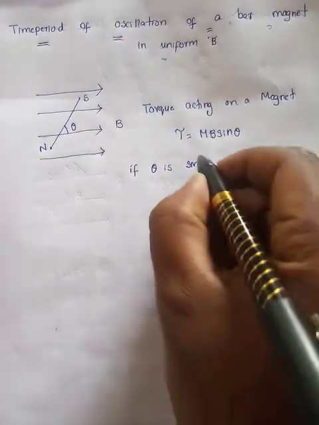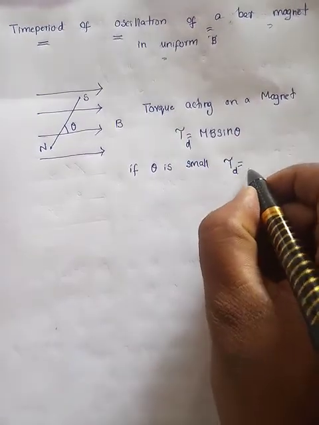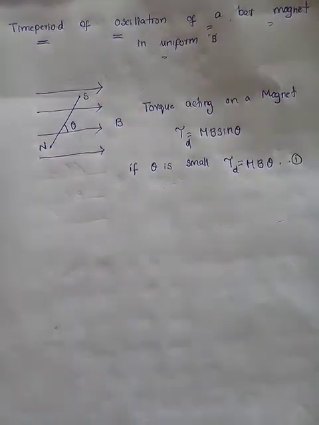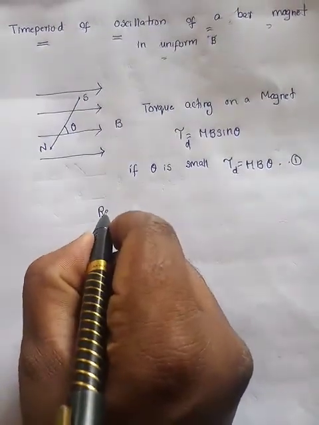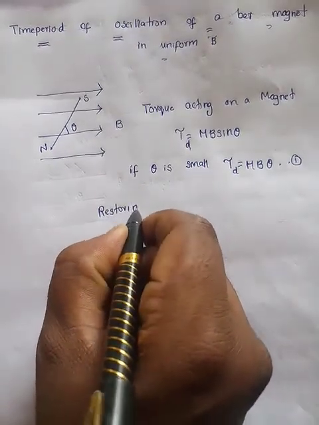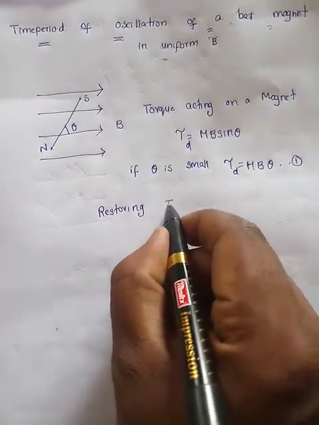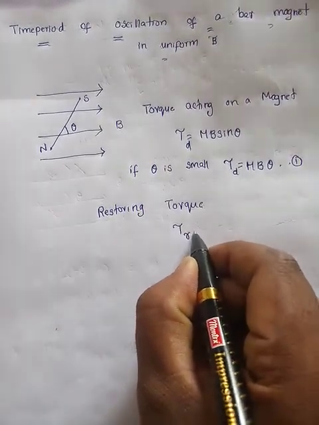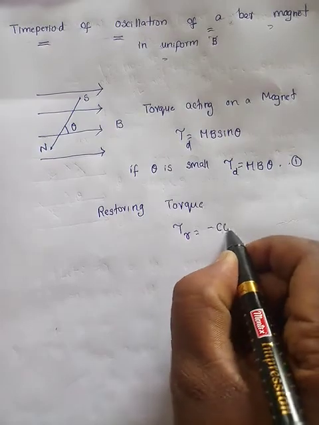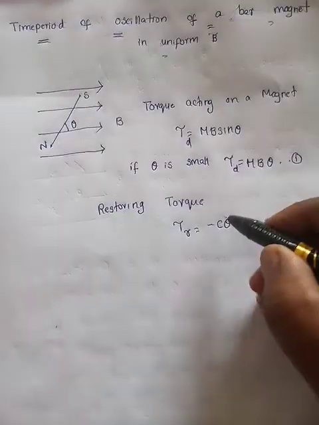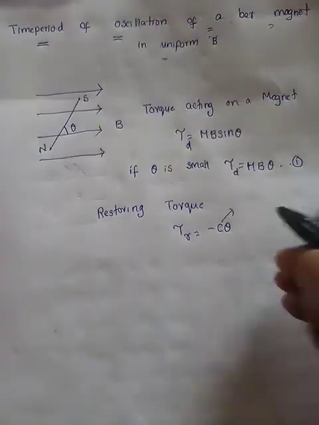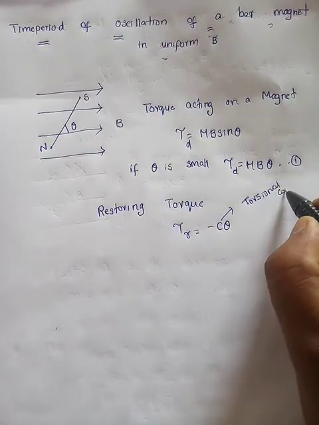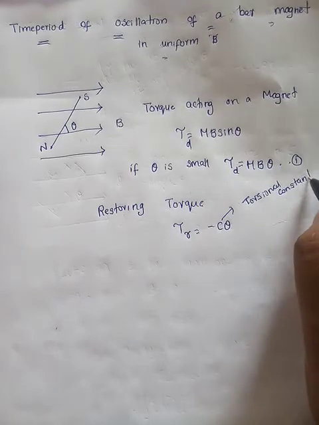This torque, called the deflecting torque, equals mB theta. Now the restoring torque acts in the opposite direction, meaning it makes the bar magnet come back to its actual position, that is tau r equals minus c theta. What is c? Torsional constant. It depends upon the nature of the medium.